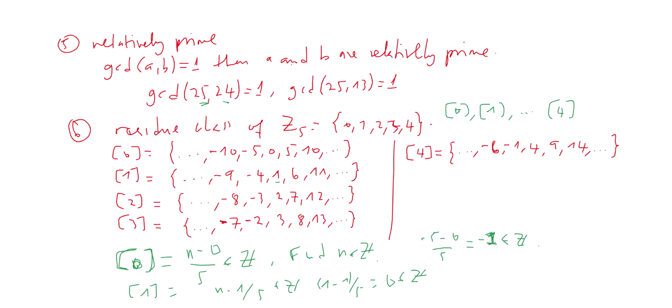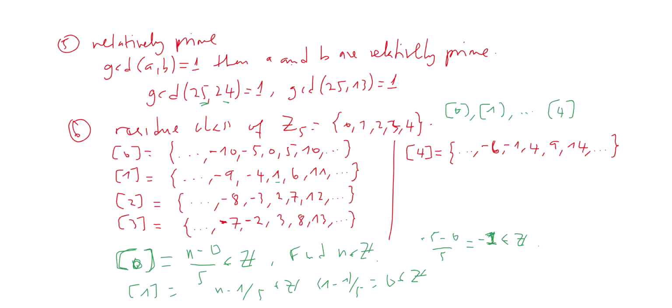Okay, and then you shouldn't forget what we said about some properties of the residue class. When we spoke about the residue class, we said the residue class creates partitions, and the union of all the residue classes will give us the whole set. So these are properties you shouldn't forget.